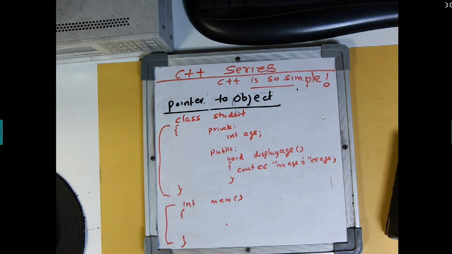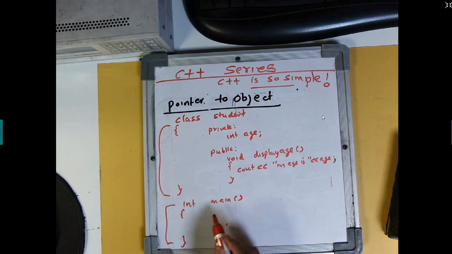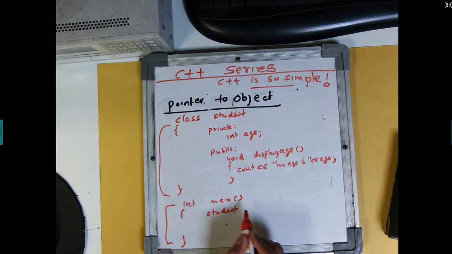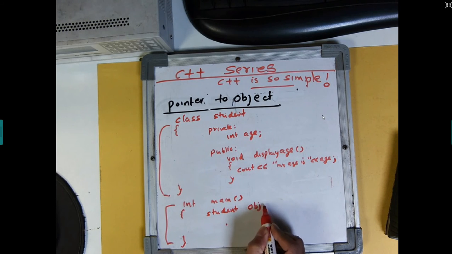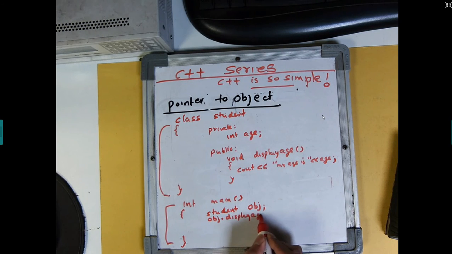I could say this is a function which I created inside the class. Now if I want to call this in the main, first I create an object of student by saying student obj. After that I can always call obj dot display age, like this. You know this.